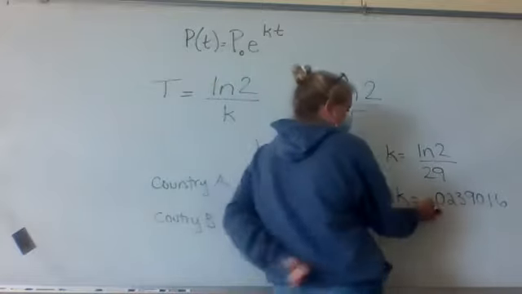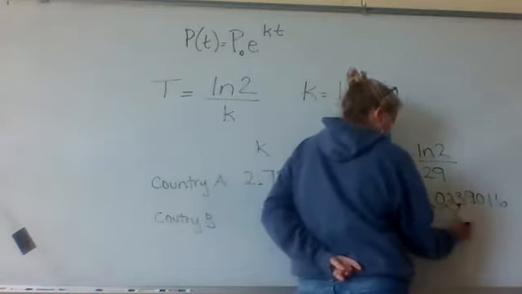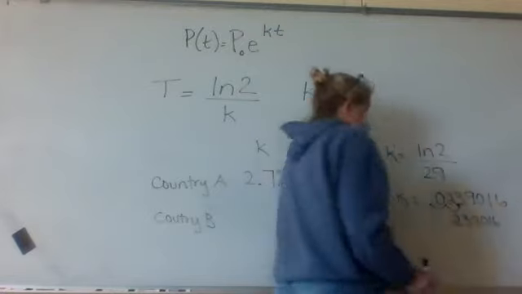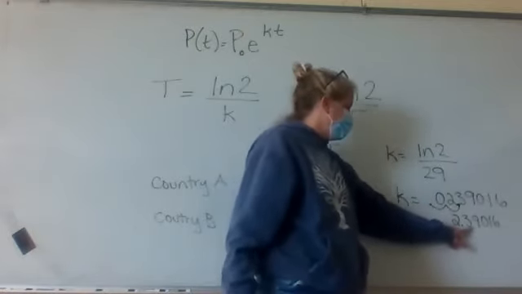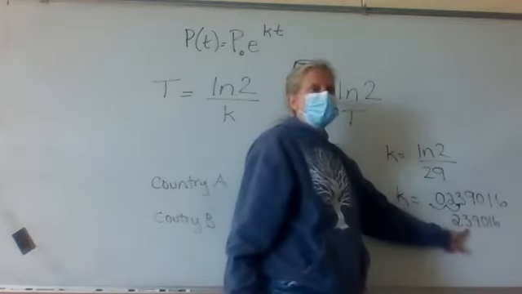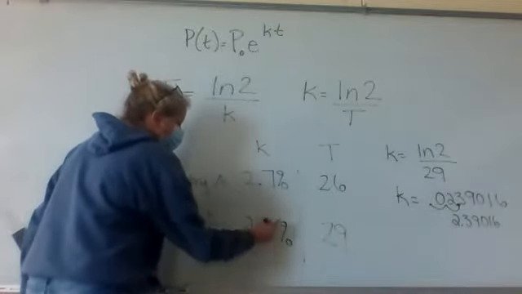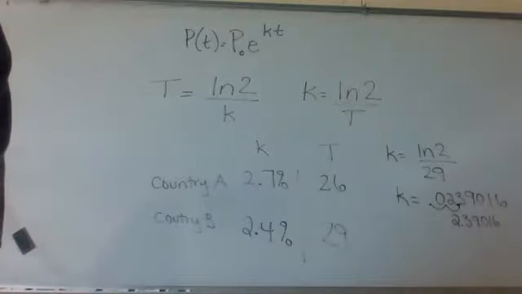So if I'm going from decimal to percent, 2 places to the right. So now I have 2.39016. Now I round it to the nearest tenth. That's going to be 3, 9. The 9 rounds that 3 up to a 4. So 2.4 would have been the growth rate.